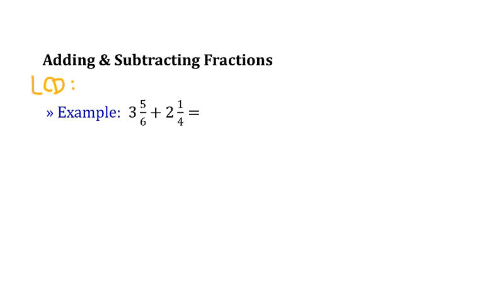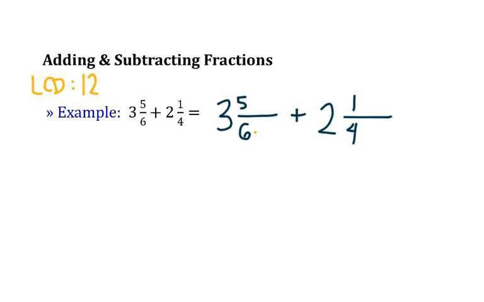Without too much trouble, we could find that 6 and 4 can both multiply up to 12. So I need to show changing the denominator of 6 to look like 12 from the first fraction, and then also changing the denominator of 4 to look like 12. So to get 6 to look like 12, I need to times it by 2.